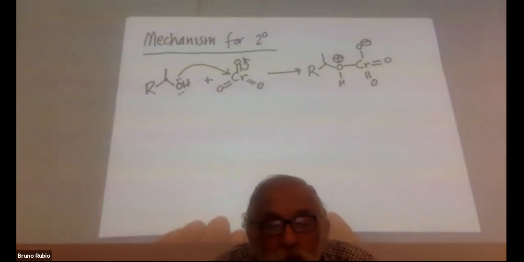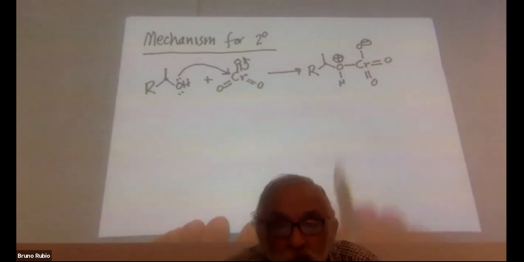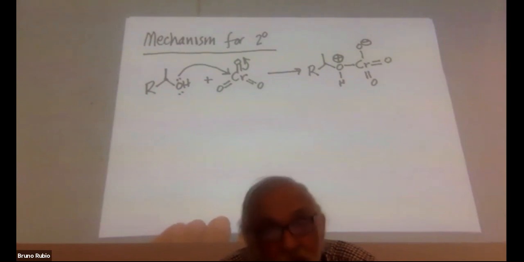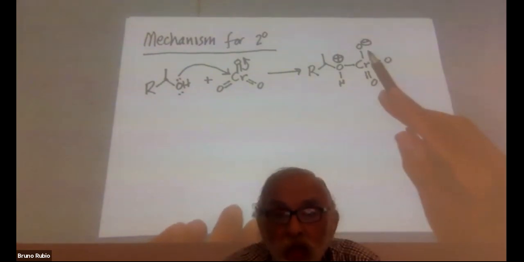Then there was some fiddling with protons: this oxonium ion undergoes deprotonation. That proton goes off into the solution, never heard from again. But there are a lot of other protons in the solution, many of them coming from the sulfuric acid that has to be there. One of them goes on this oxygen atom here.